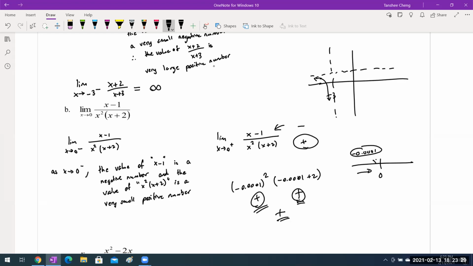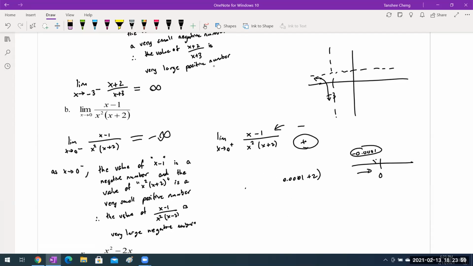Therefore, the value of x minus 1 over x squared times x plus 2 is a very large negative number. That basically indicates that the limit is negative infinity. I want an explanation like this on the test, right?